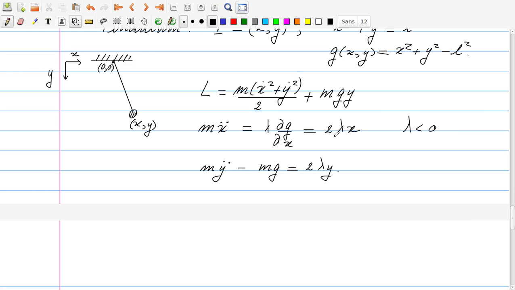And we may also be tempted to solve this equation now, but then we assume that lambda is time independent, which it is not. So lambda is really a function of t.